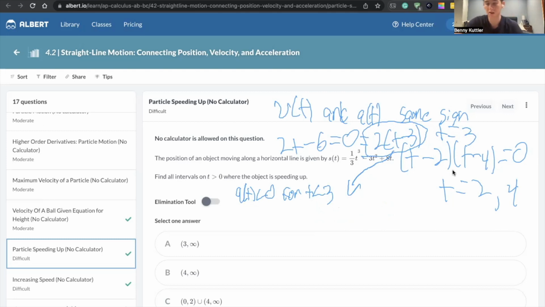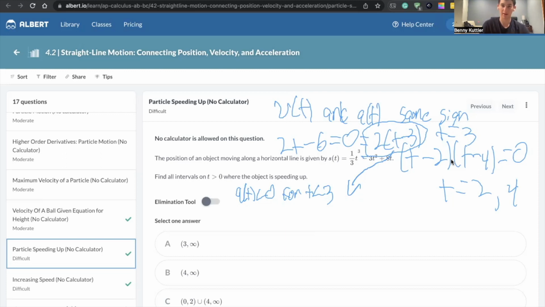So the first thing you do is plug in a point to just see if the velocity is negative on that interval or positive. So here, if we plug in 0, which is less than 2, we have 0 minus 2, negative 2, times 0 minus 4, negative 4, so negative 2 times negative 4.